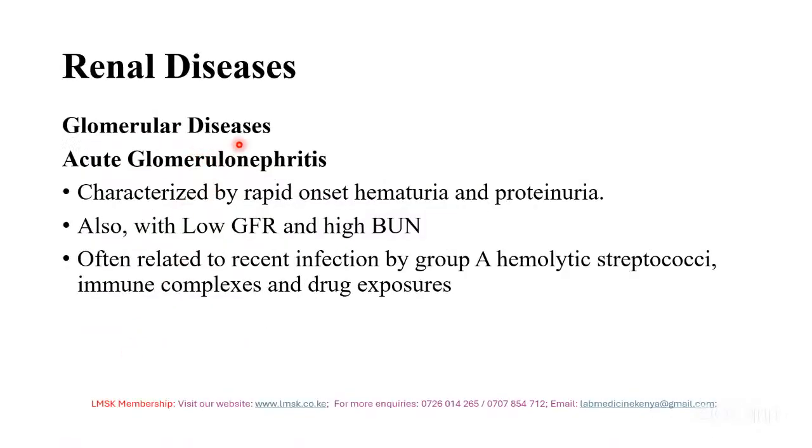Now, mention of the renal diseases, we have the glomerular diseases that include acute glomerulonephritis, inflammation of the glomerulus, which is characterized by a rapid onset of hematuria and proteinuria. You may see this one especially for the ladies who are expectant.